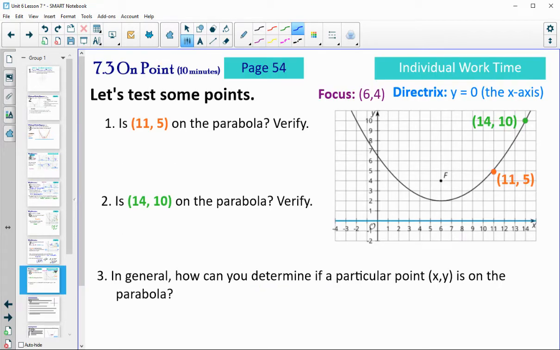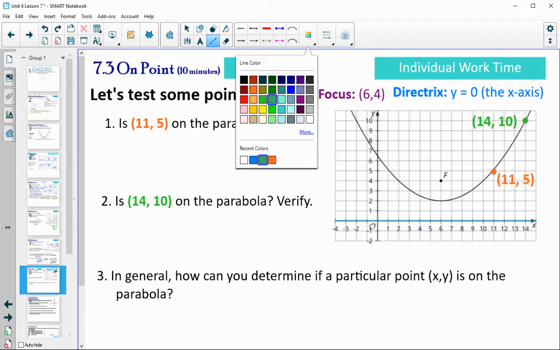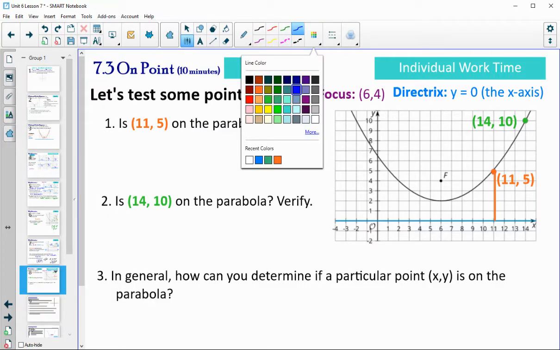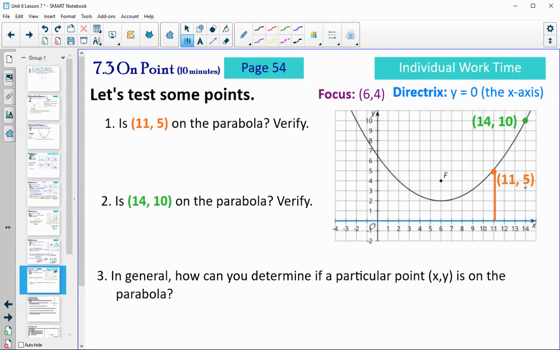All right, so let's test a couple of points here and decide if they are on the parabola and verify that they are. So remember that they should be the same distance to the directrix as they are to the focus. So the directrix, you should be able to count or subtract your y value. So we should be able to either just count it or look.